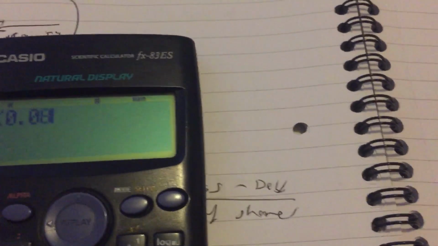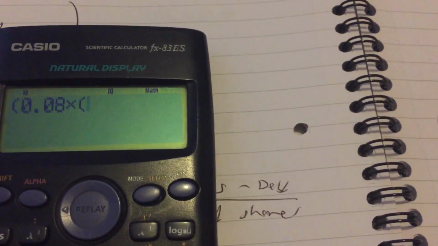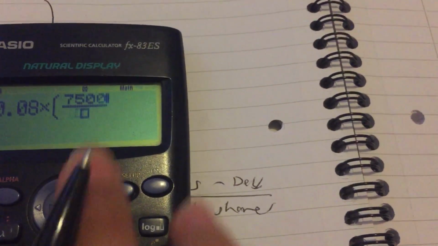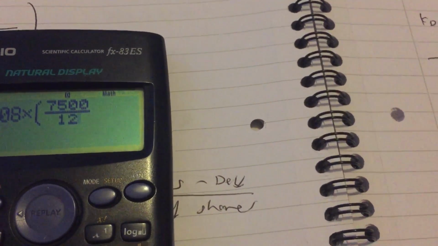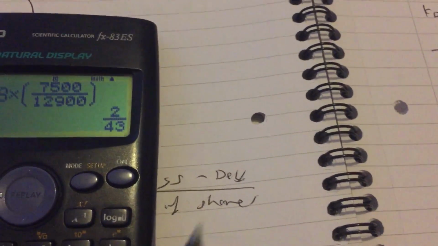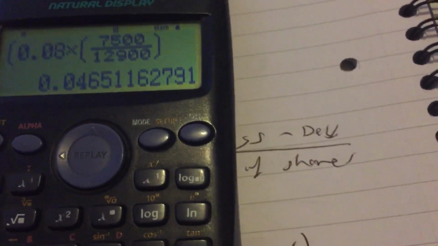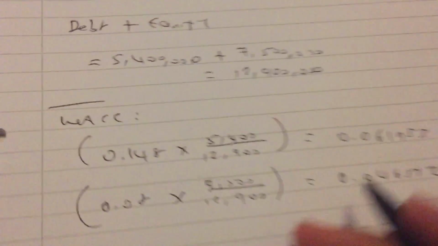And then we do the debt, so 0.08 multiplied by 7,500,000 divided by 12,900,000 equals, how much is that? That is 0.046512.